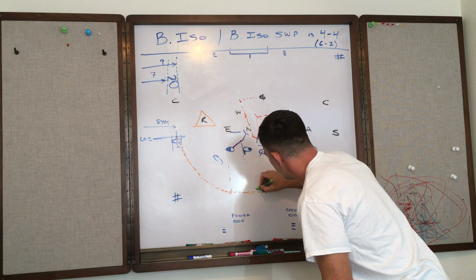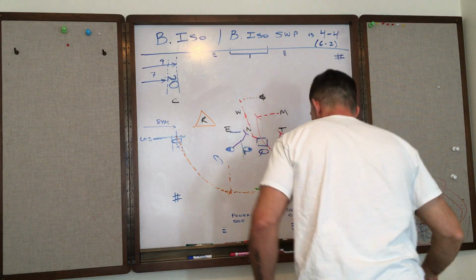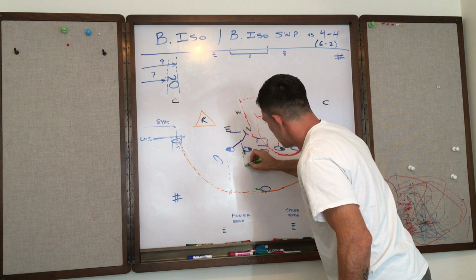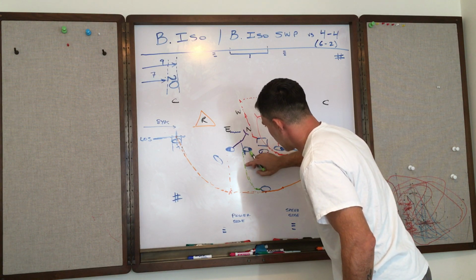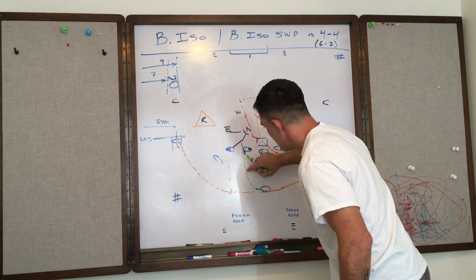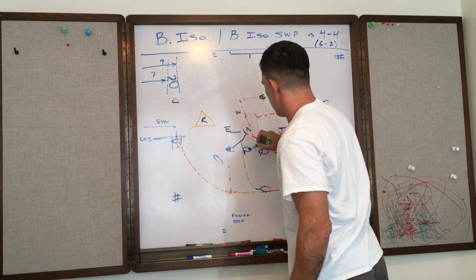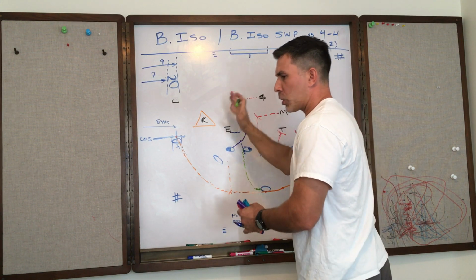So that's the first point. There is his first step. Everything from there should be on a rounded path as fast as possible. So when he gets to that spot, he's running basically 90 degrees. I would think about this as an off-guard play.